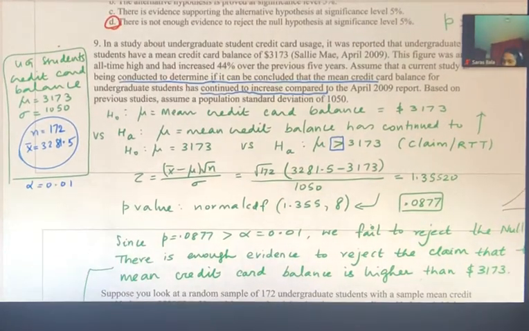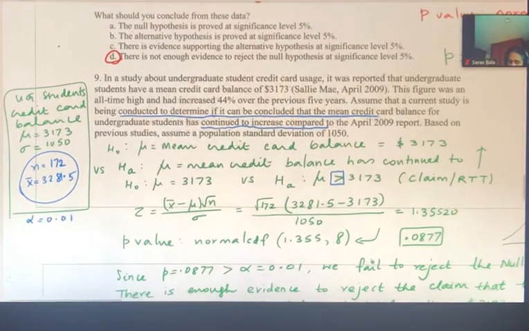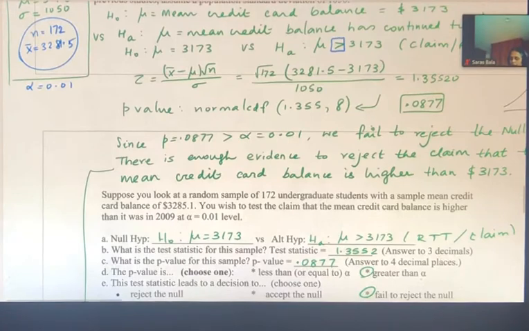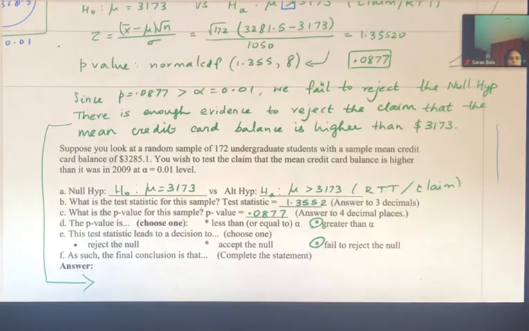So I think some information is given in the problem. The sample data is about 172, I think. Oh, here it is. The continuation of the problem is appearing here.